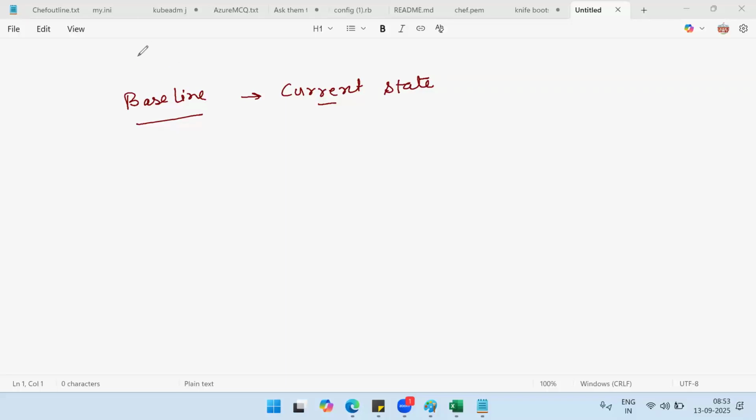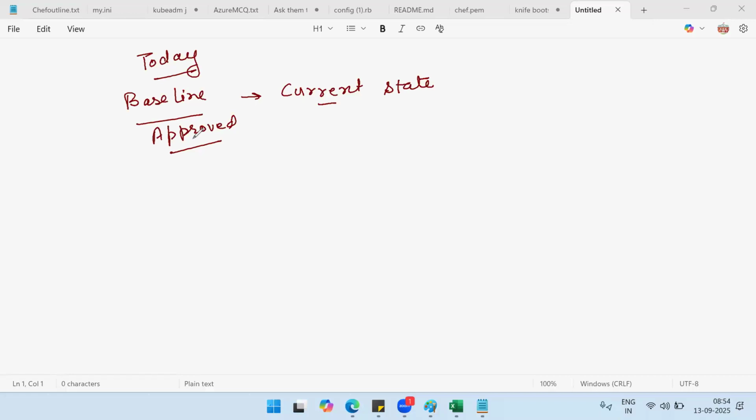So we call it today's design. Whatever we have today is called the baseline architecture. Now, this architecture is already approved. Someone has approved it in the past, or maybe you developed it and got it approved.